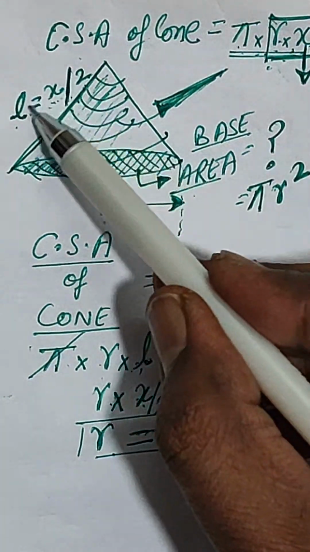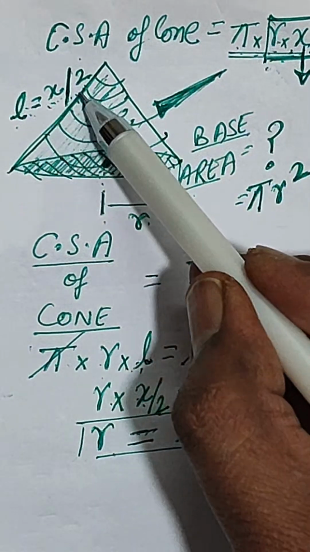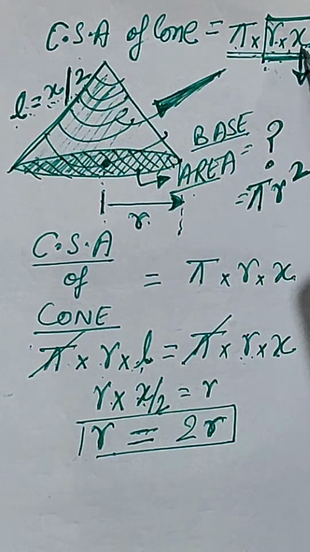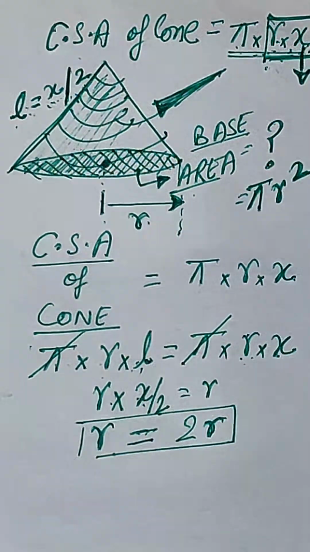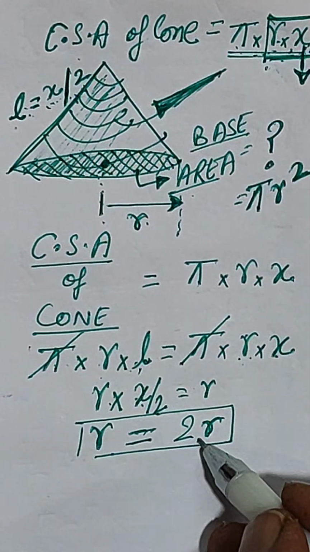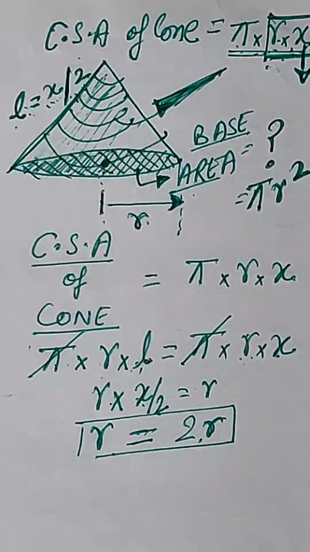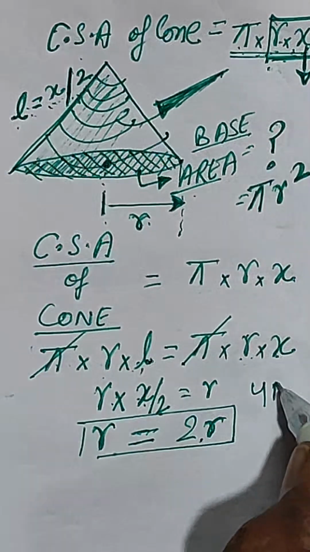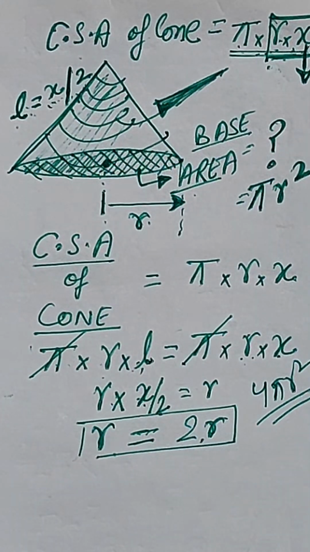Simple compare. L is x by 2 and here it's x, right? So if this is 2r, the area of the base can be calculated. Perfectly fine, 4 pi r square, right? So 4 pi r square is your answer.